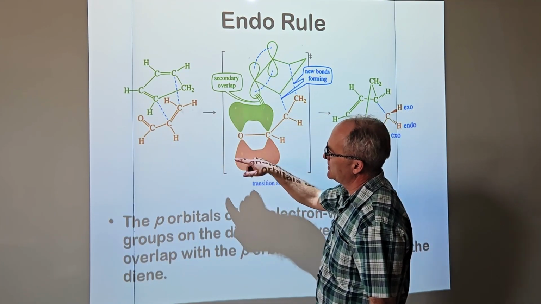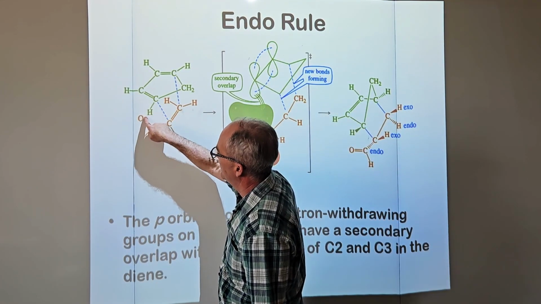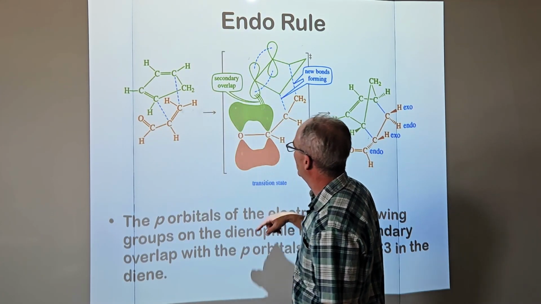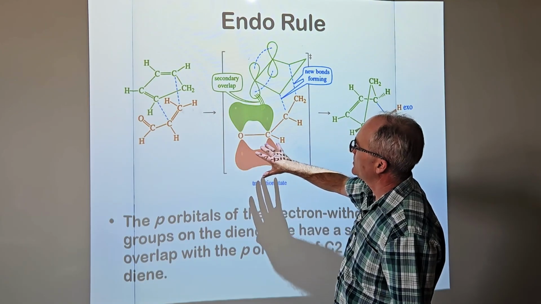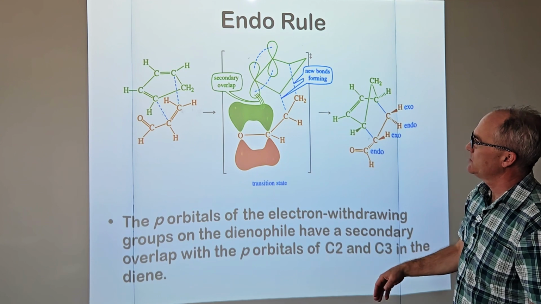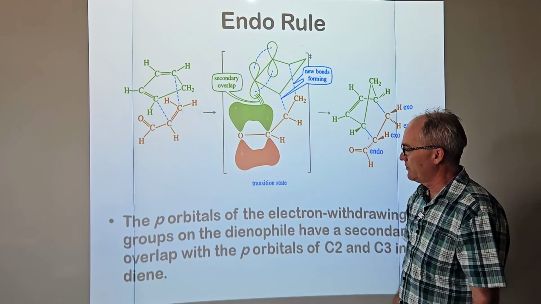But nature likes it if this aldehyde, notice it has a p orbital here and a p orbital here. Here it's shown. Those can kind of overlap with the p orbital there in the transition state. And they call this secondary overlap.